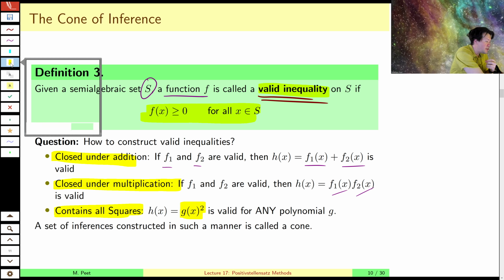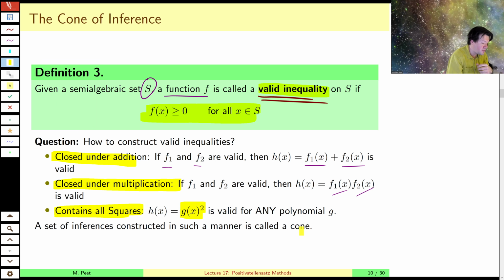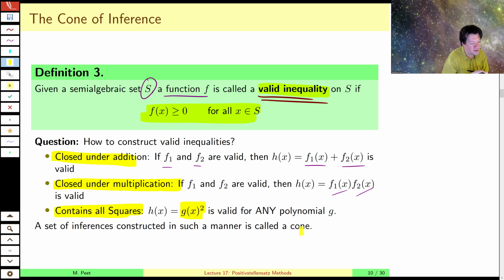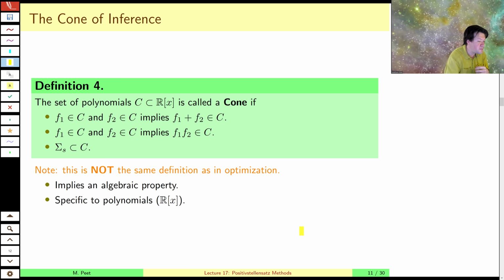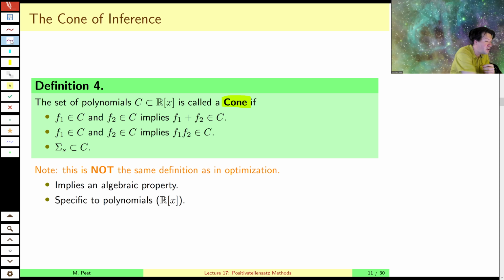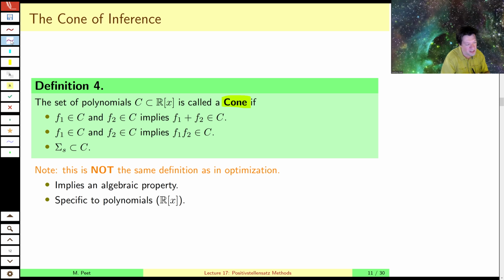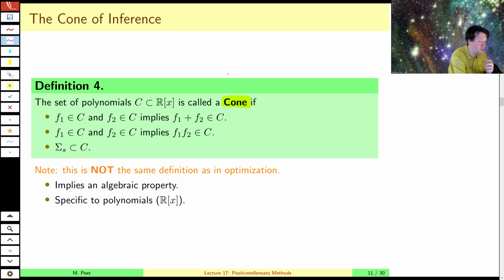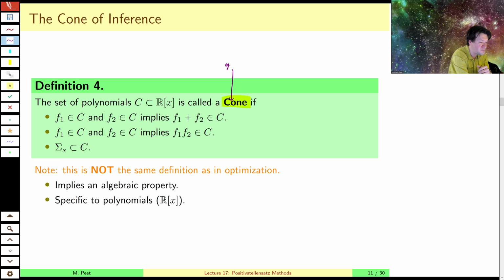And so on the next slide, we define something which is called the cone, which is a set of all valid inferences based on your inequalities. Right. So specifically, we define something called a cone. And note that this is not the same definition of cone we use in optimization. This is the definition of cone they use in algebra.